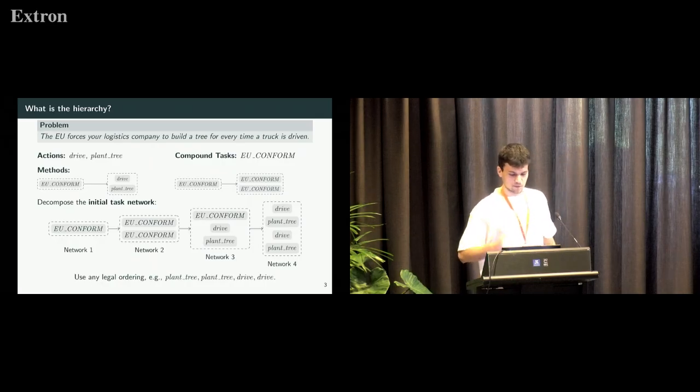So for example, we could first apply our method to get two EU conform tasks and then get to two drive actions and two plant tree actions. Theoretically, we could also impose some ordering constraints within the methods, and then in our final method, we want to find some serialization that obeys the ordering constraints. Since I didn't put any here, we can, for example, find the plant tree, and then drive action.